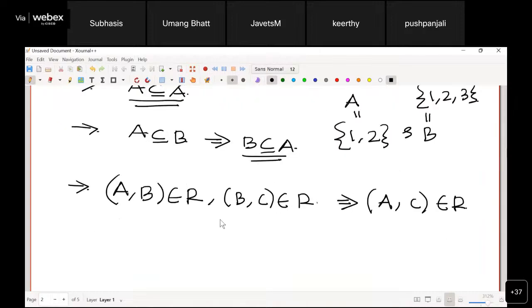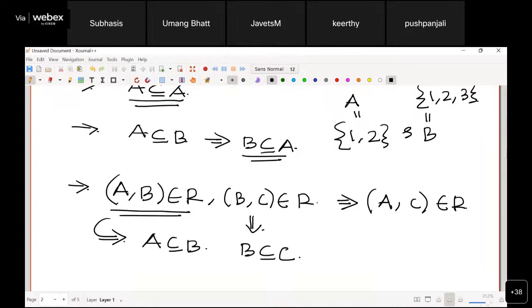This is quite easy, because if (A, B) is in R, this implies A is a subset of B, right? And if (B, C) is in R, this implies B is a subset of C, right?